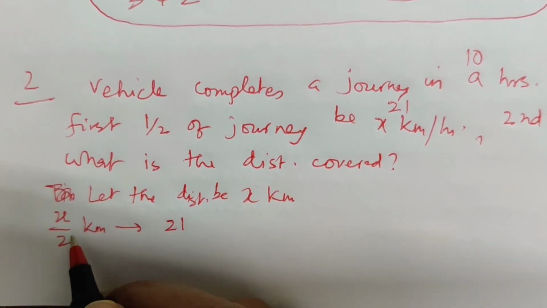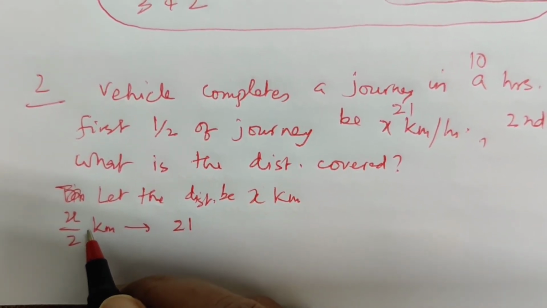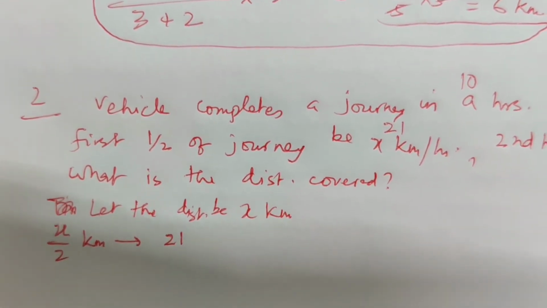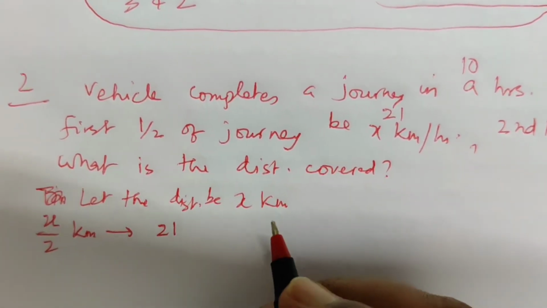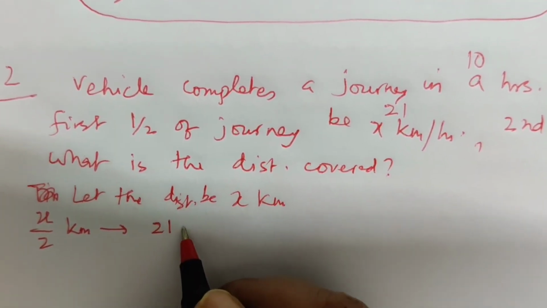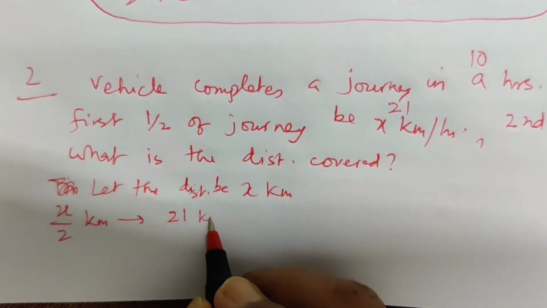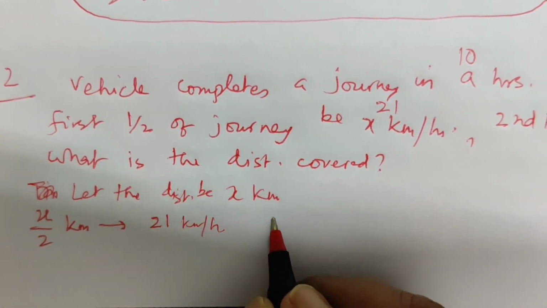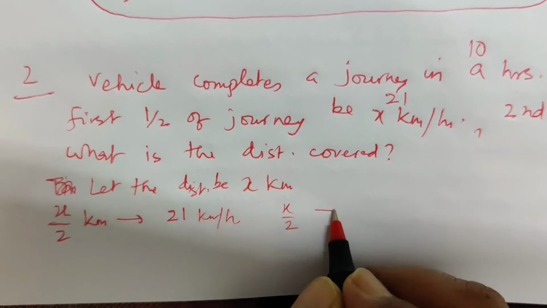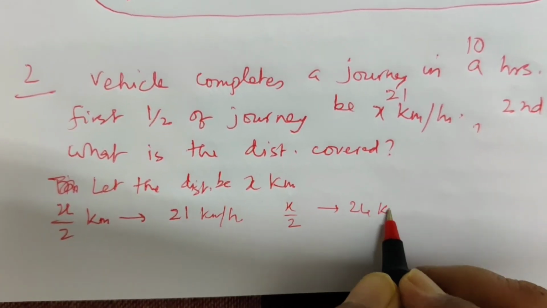Now x by 2, half of the distance, is travelled at 21 kilometer per hour, and another half at 24 kilometer per hour.